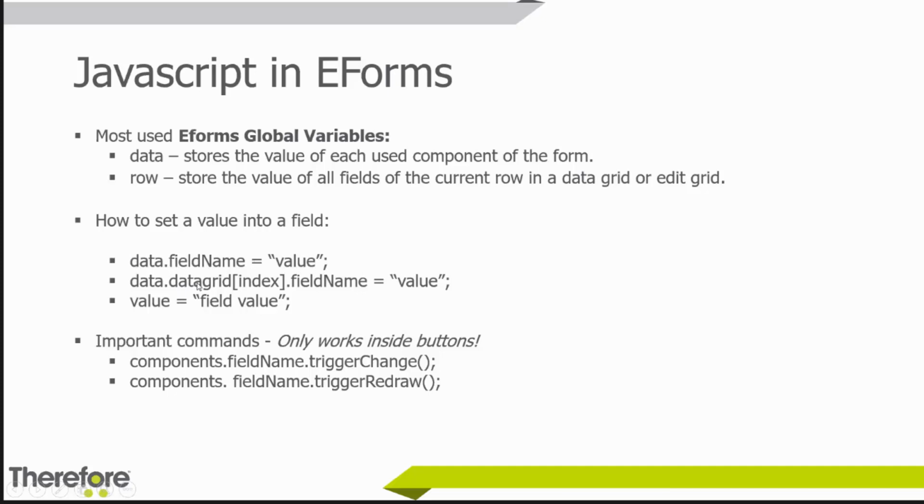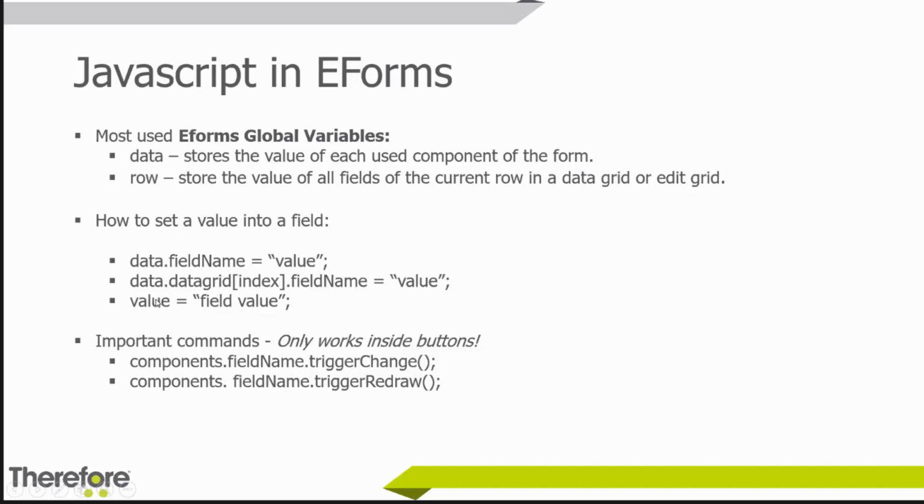When you work with a data grid, that's a table component, it's a bit different. You start with data, the global variable, then the data grid, then the index of the data grid, which is the line, the row, right? Then the field you want to work on, and set the value you want.